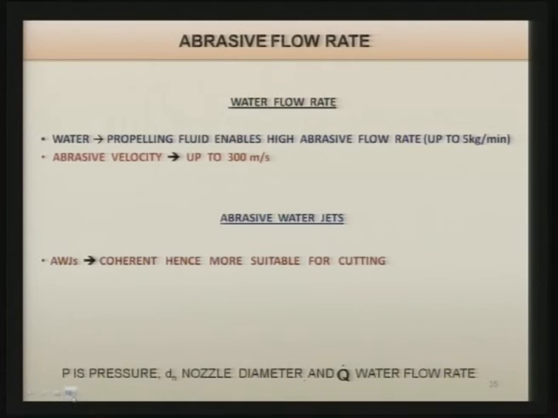Abrasive water jets are coherent, hence more suitable for cutting, and these are much more coherent as compared to the abrasive jet machining process. Now, here you can see the water flow rate is directly proportional to the square root of the pressure P, and it is directly proportional to the square of the diameter of the nozzle, that is d_n squared.